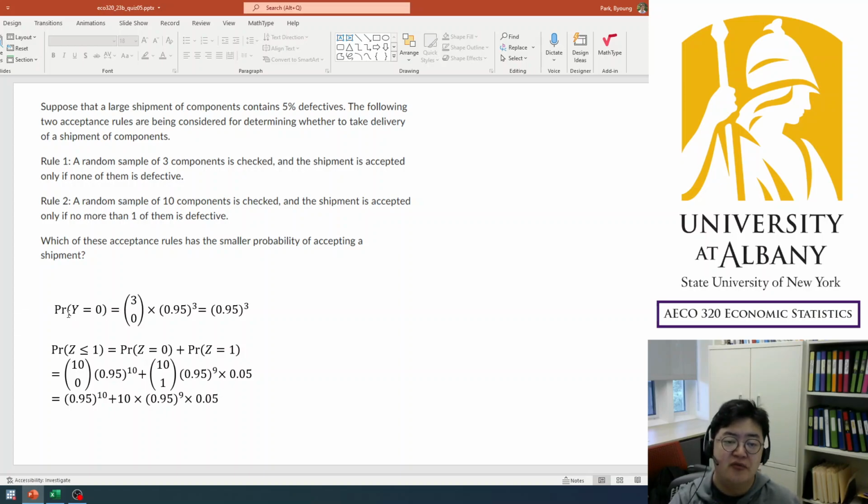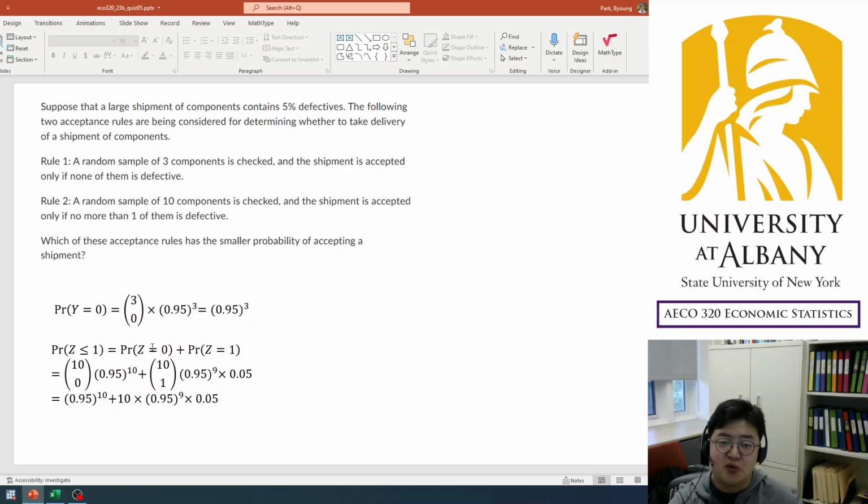For rule 1, out of 3, there should be nothing defective, so there is only one scenario: none is defective, so the probability of non-defect happens 3 times. Just calculate that probability. That is simple, there is only one case. But in rule 2, you have to think about two cases: where there is no defect plus where there is only one defect.